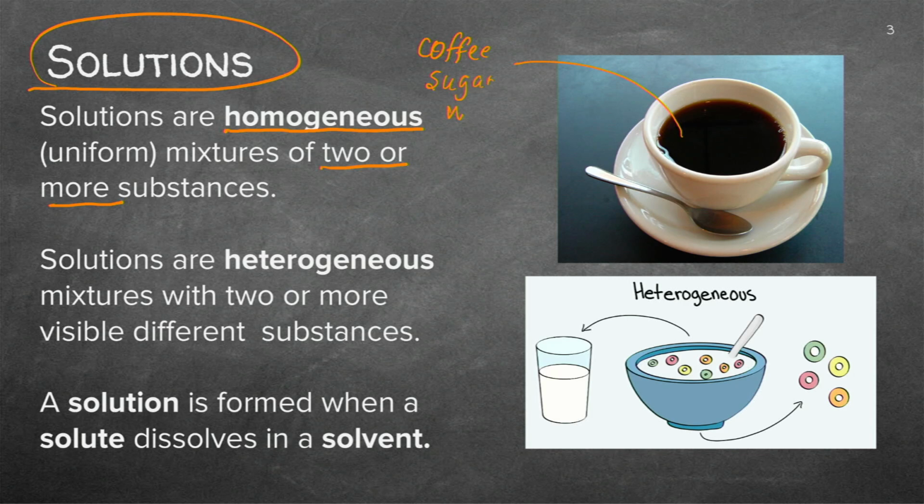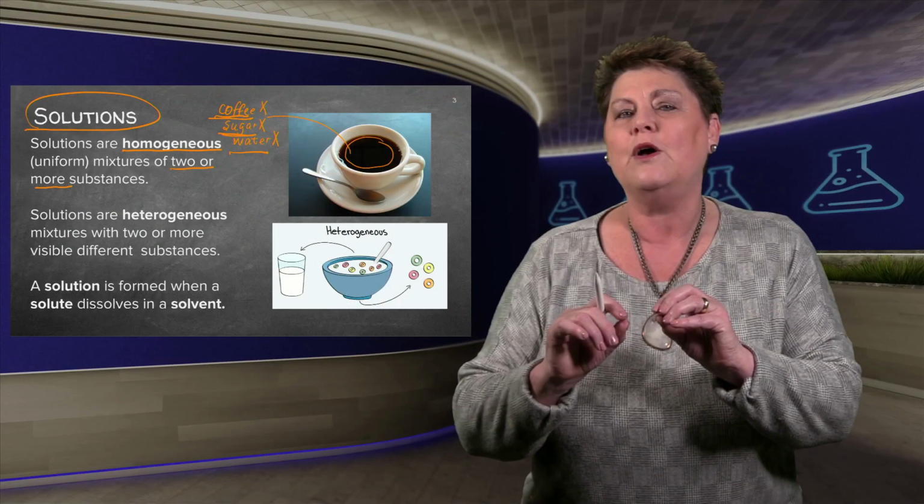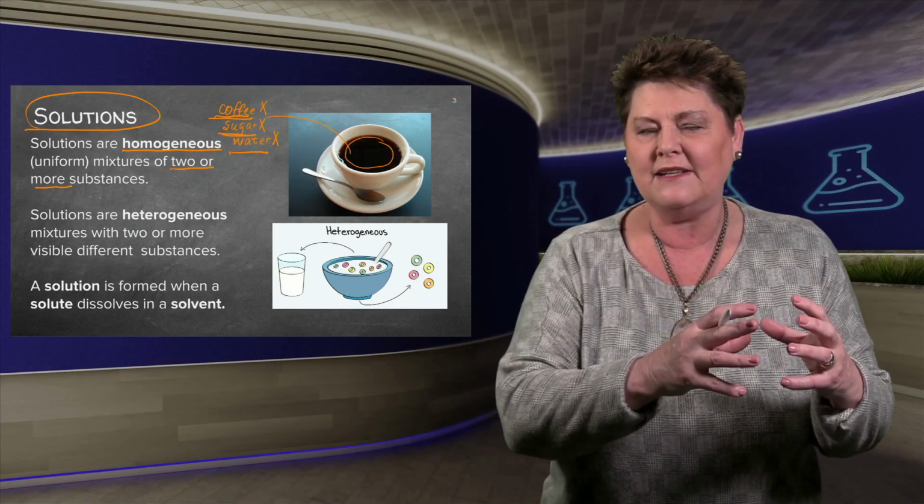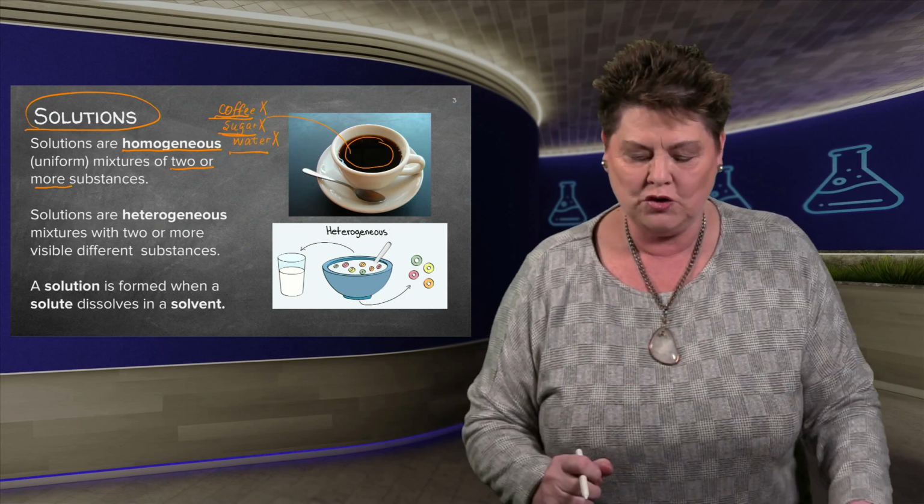And I added water. But what I can see is none of the coffee, none of the sugar, none of the water, because it's now a cup of coffee. And it's all liquid. So the coffee and the sugar before I added the water was solid, and the water is in actual fact a liquid. So you have to know that I had a phase, and I'm now mixing them together.